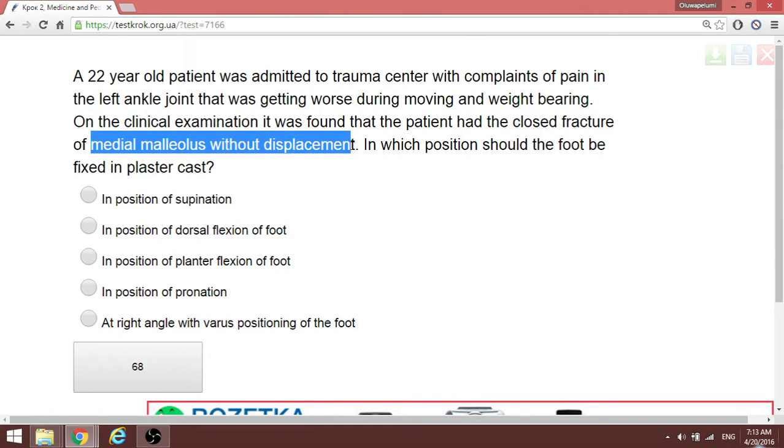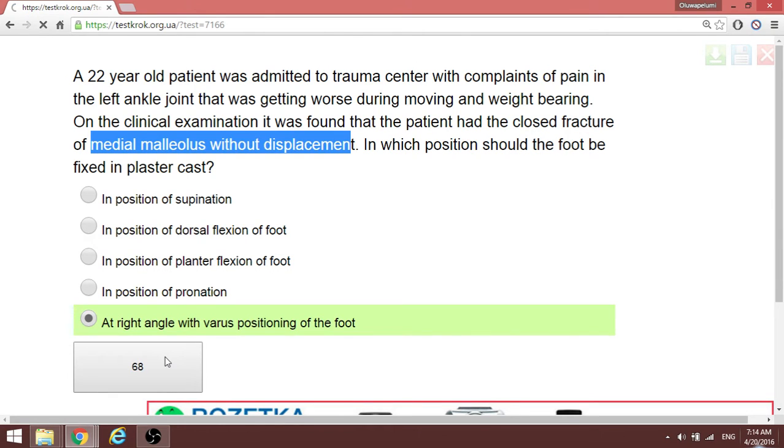So already you are looking at the fracture of the medial malleolus, and if you are going to fix this patient, you want to adjoin the two ends together. Just logically, the best answer is to place it at a right angle with varus positioning of the foot. This is what is going to cause a decrease in the angle between that joint so that they can be fixed together.